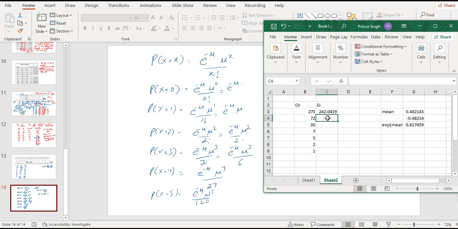So this is equal to e raised to the power minus mu multiplied by the mean, multiplied by 392, right? E raised to power minus mu into 392, because we need to multiply it with the frequency also.